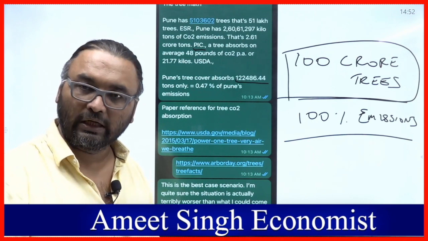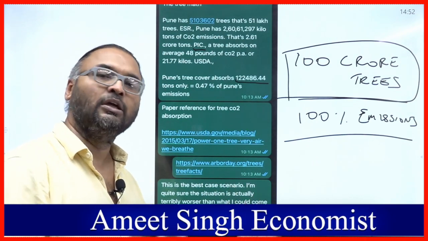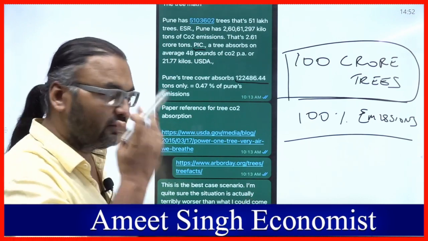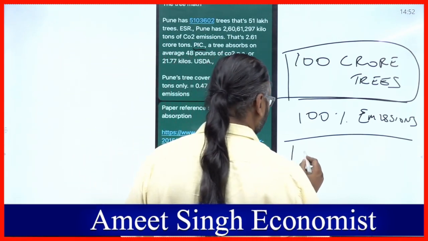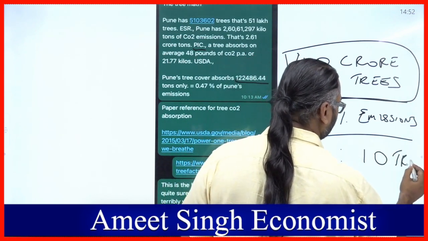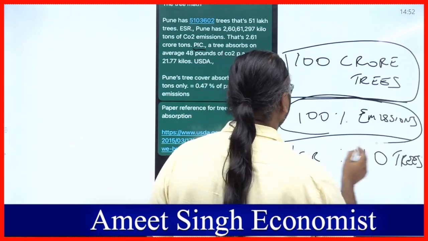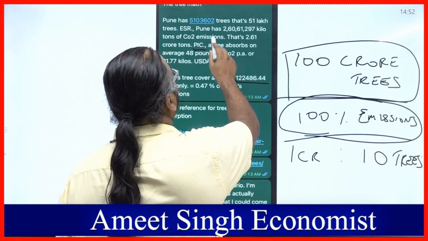So if you want to calculate it from the economics of population represented by trees or trees represented by population, and if I consider that Pune's population is 1 crore, then I need 10 trees per person to obviate these emission numbers, the emission numbers that you see over here.